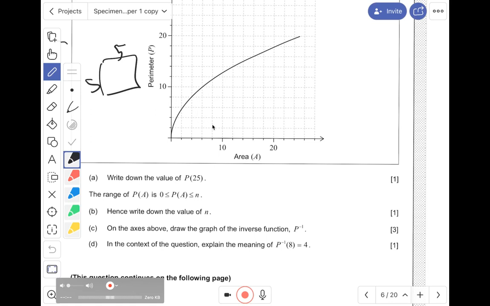So I think the best way to do this is look at some points on the graph and start flipping them. I want to be very precise here. Okay, so this is a precise point here, 4, 8. Pick another one here. This one, 12 comma 14.